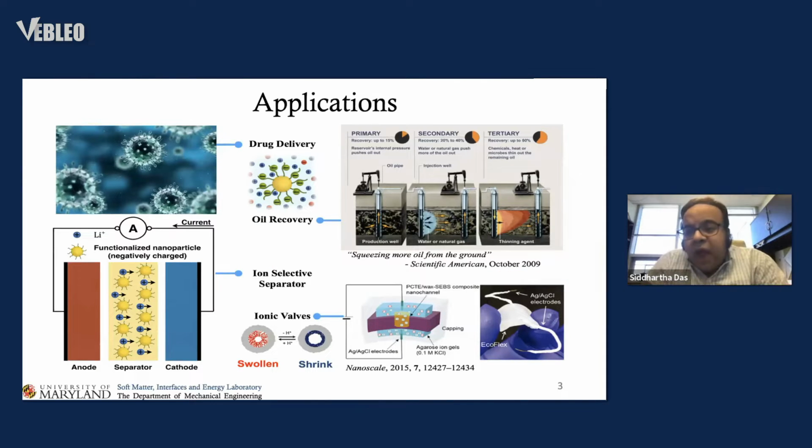Now, why would somebody be interested to understand the behavior of polyelectrolyte brush molecules? So polyelectrolyte brush molecules are ubiquitous in their presence. For example, you talk of any nanoparticle driven application, be it nanoparticles for targeted drug delivery, oil recovery, you name it. Those nanoparticles, interestingly, cannot be present in isolation.